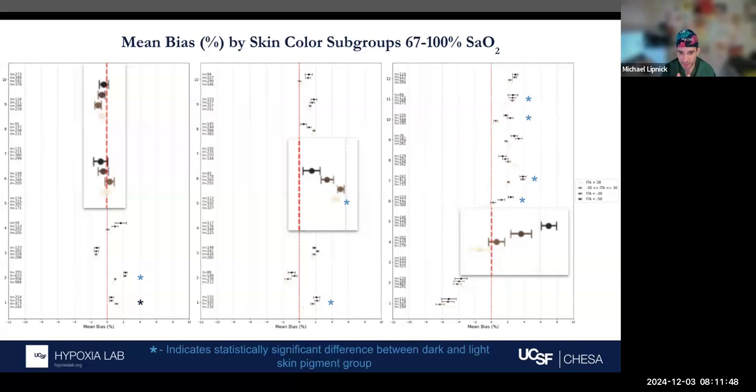In the middle, and that red line is zero bias, we're seeing relatively more negative bias in the dark skin pigment, but positive in all. And then in the right-hand column, we're seeing a device with not great performance across the skin groups, but we're also seeing the opposite trend in terms of the correlation with pigment as we're describing it. Kumu, go ahead.